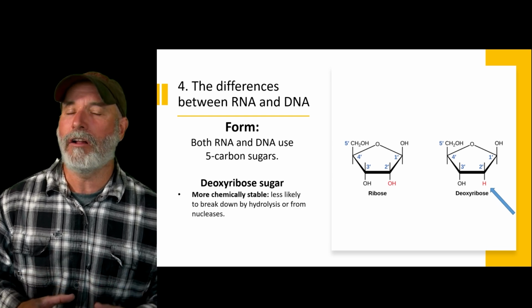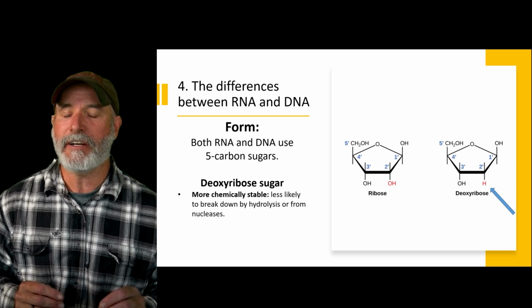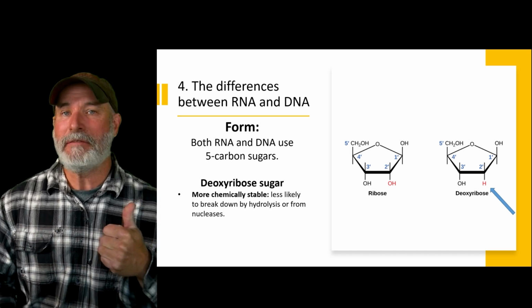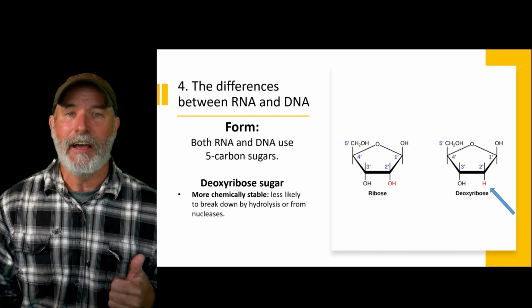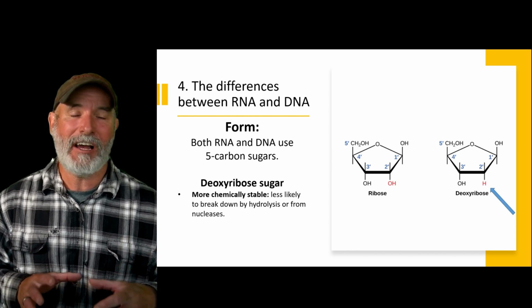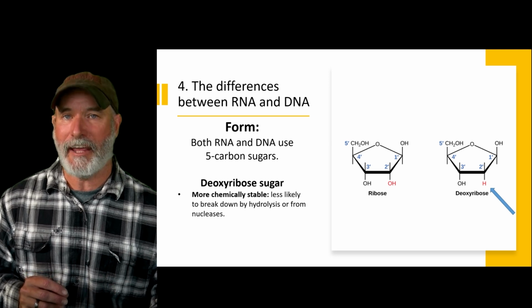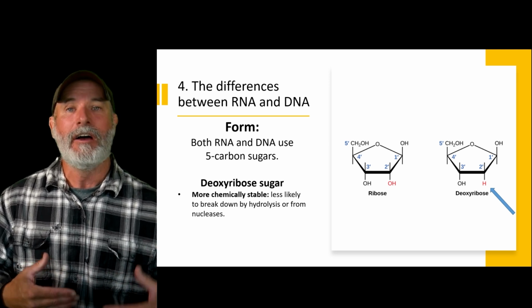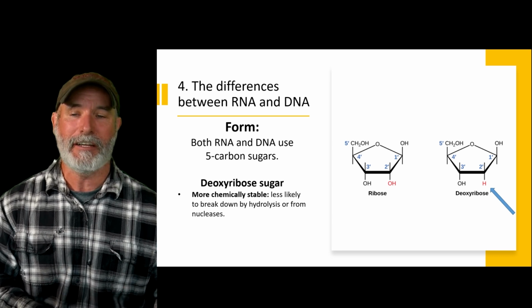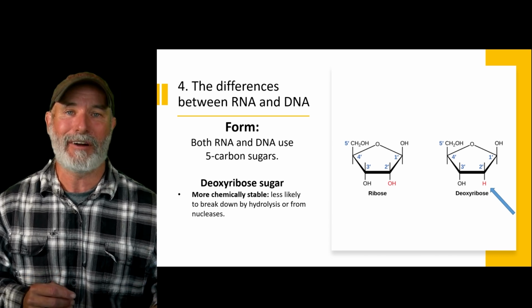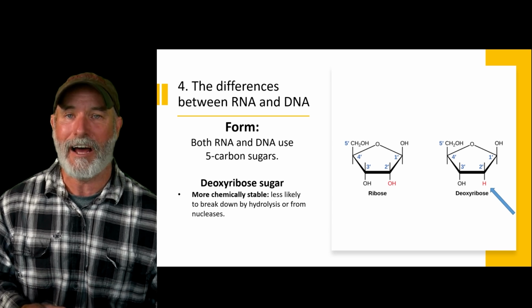This makes that molecule more chemically stable for 2 reasons. It's less likely to be broken down by hydrolysis, and it's also less likely to be broken down by enzymes inside the cell called nucleases. The ASE tells you it's an enzyme. Nucleases break down nucleic acids, and the molecule with the deoxyribose is less likely to get broken down by that.